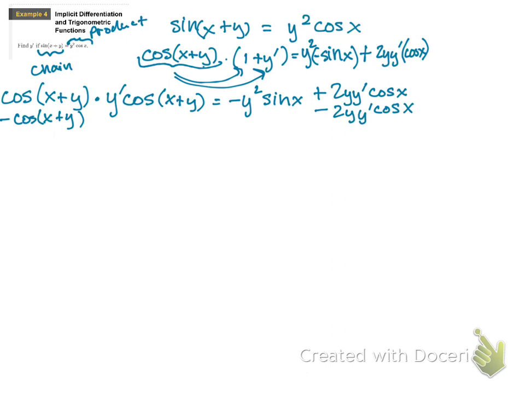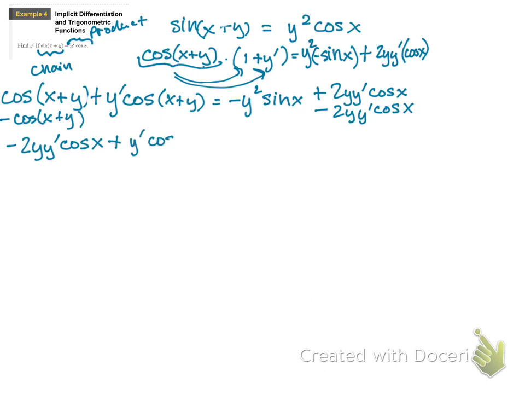Oh, because I kept my times sign, this should be a plus right here. When I distribute it, I should have cosine x plus y plus y prime. Good question. Bad algebra.